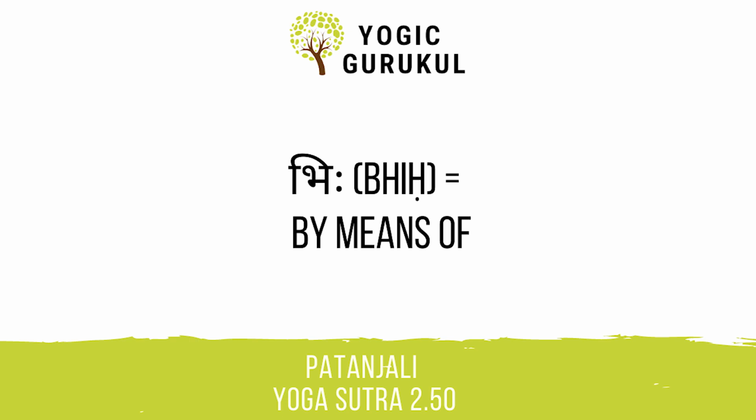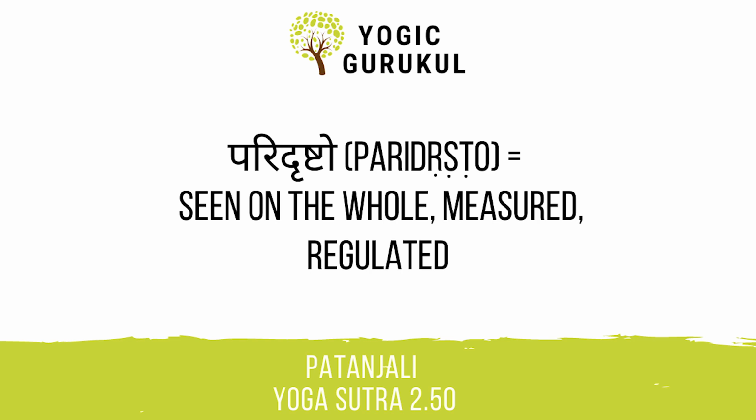And then the next word here is Bhih. So we have Desha Kala Sankhya Bhih, which over here refers to by means of. So it's another word just to combine the previous terms all together and kind of give it some grammatical sense by saying by means of. And then coming to the next, we have paridrishta or paridrishto, as is given in the sutra.